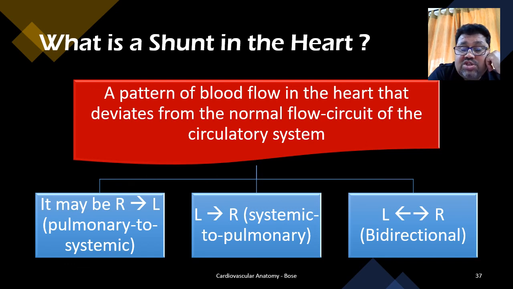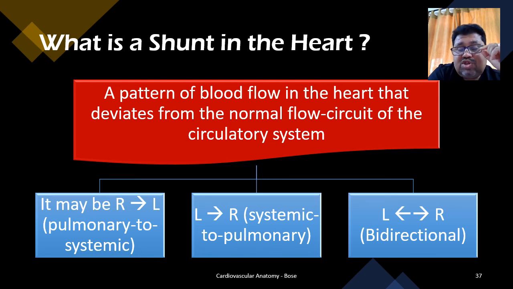Additionally, a shunt is also required if a person is born with certain congenital anomalies of the heart. These shunts have to be surgically created to allow the baby to survive.